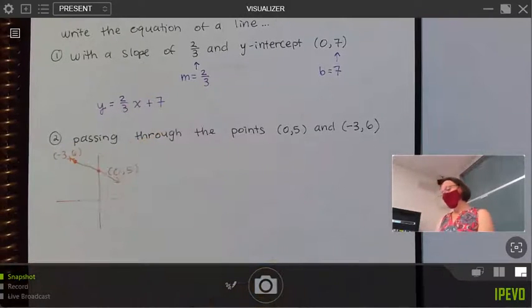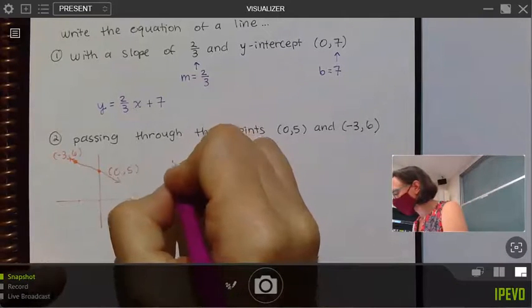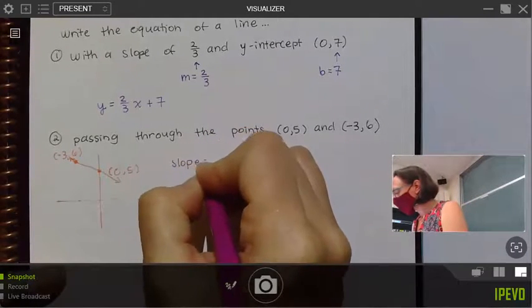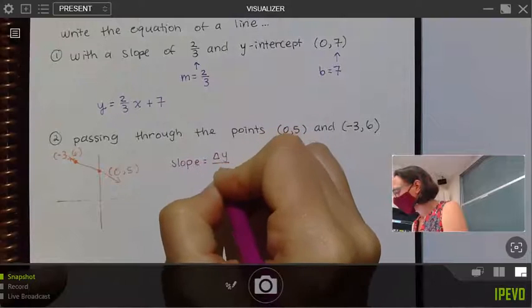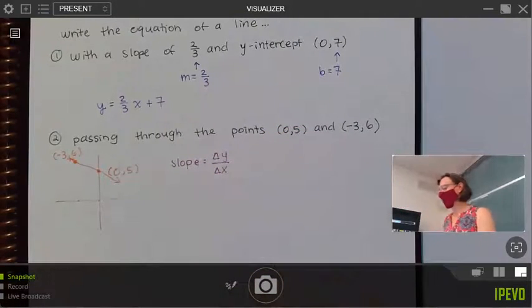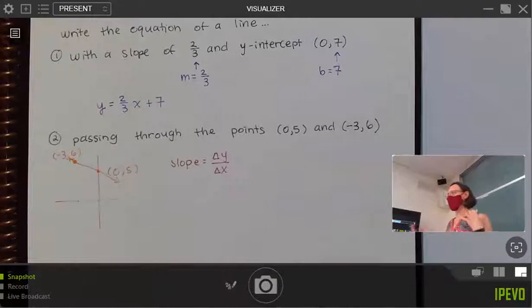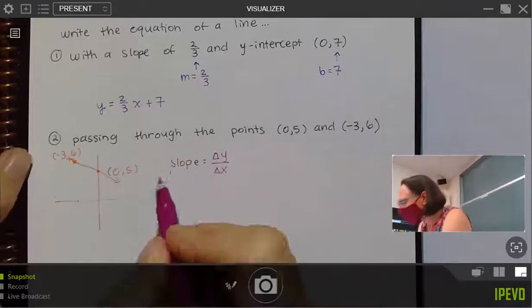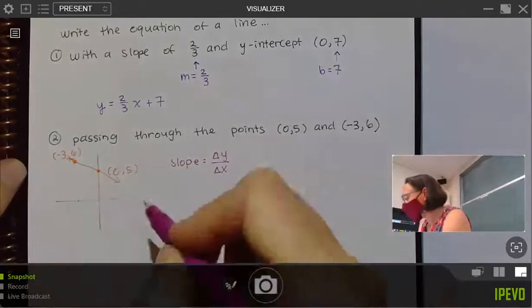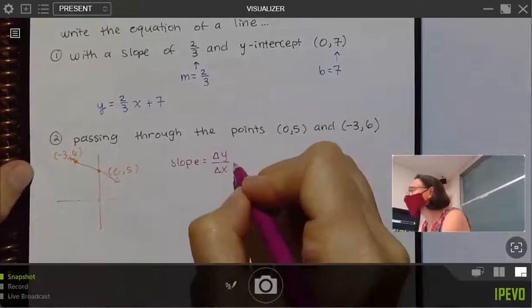We talked about this on Wednesday, but our slope is the change in y over the change in x. I know some people say rise over run. Those words just don't connect with me. If they connect with you, awesome. I think about my slope kind of moving from left to right.